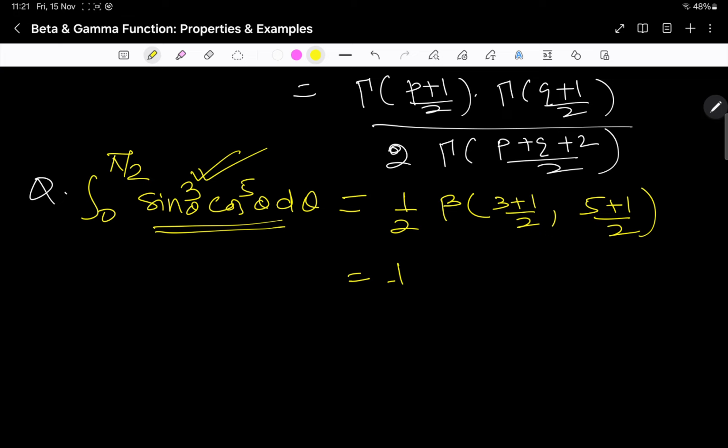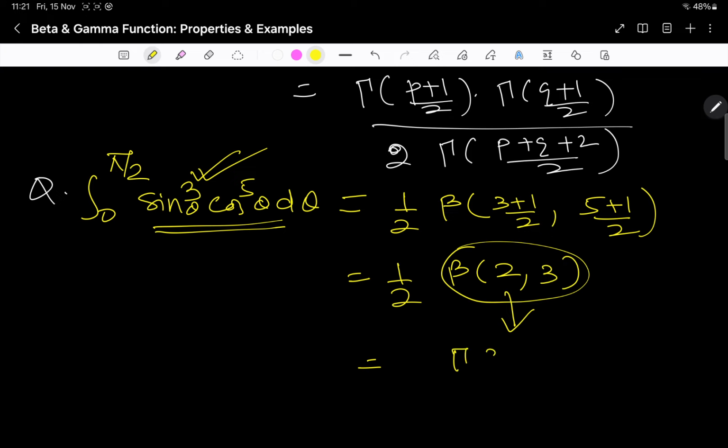So this is here 1 by 2 beta of 2 comma 3. Now apply the relation between beta and gamma function. This is beta mn is gamma m into gamma n divided by gamma m plus n, and this 2 is there.